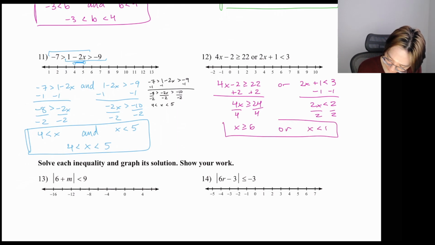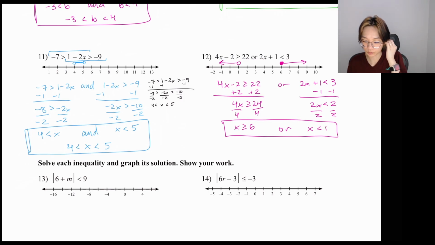So there is our answer. We have a closed circle at 6, and it is greater than 6. We have an open circle at 1, and it is less than 1. They don't overlap, so we are good.